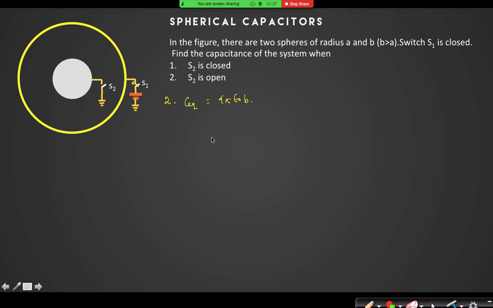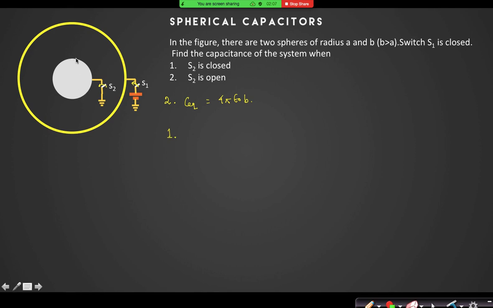Yes, sir. Alright. Now for the first case, when it is closed, when that switch is closed, then definitely there will be a charge appearing on the inner face of the outside sphere. Why will the charge appear? The charge will appear because now the sphere has to be at zero potential, right?